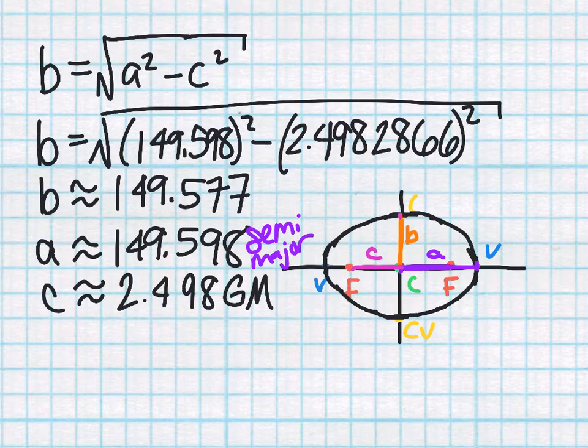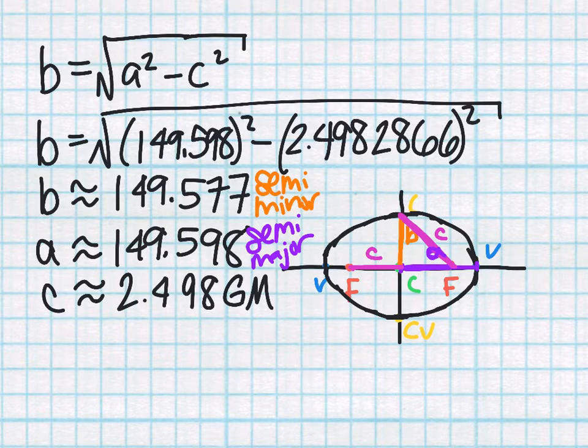That is also this distance right here. The one we most often use is the distance from one focus to the center. So C can be found in two different places, which is true of every ellipse. So if we start thinking about what each of these things mean, then we can start interpreting some of these things.